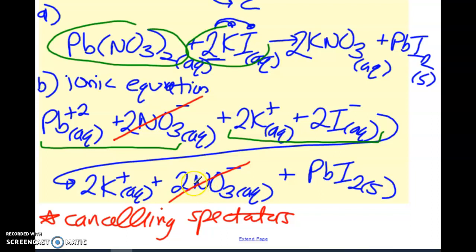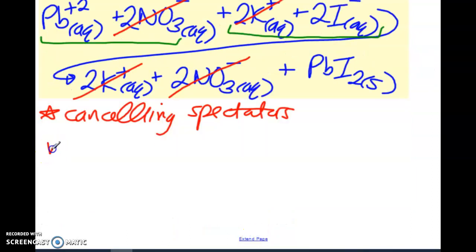So the next piece is looking for, obviously, what else we can cancel. So lead, notice lead I cannot cancel because on the other side it's part of our precipitate. However, our potassium is another spectator ion. It's found on both sides of the reaction. And actually that ends up being everything we can do. So the net ionic equation is actually taking your ionic equation and rewriting it out with everything that you've canceled gone.